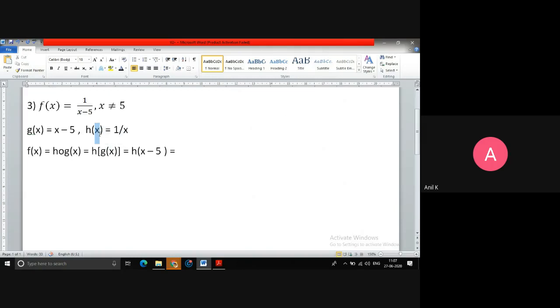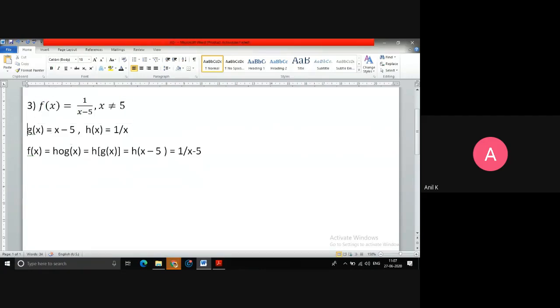If x is there, I am putting it as 1 by x, but in place of x you have x minus 5. So according to the h function, this will go as 1 upon x minus 5. This x minus 5 whole term is in the denominator only, 1 upon x minus 5. So that is nothing but the f of x function only.